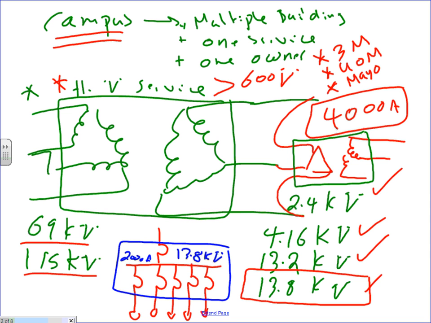Any question? Any comments? Probably very few of you would be working on this. I mean, 95% of the buildings that we design are going to be low voltage, 600 volt or less. Comments, questions?